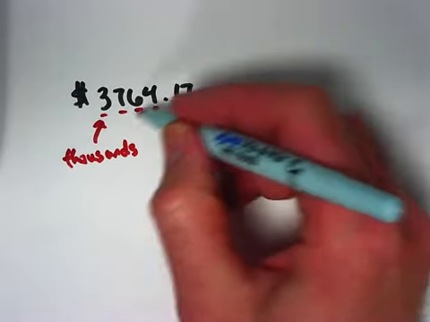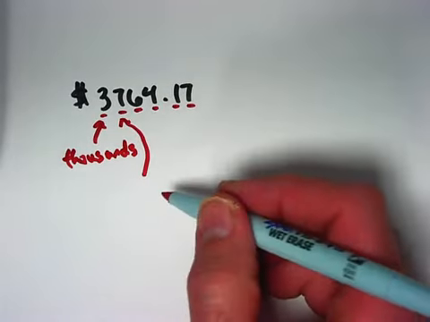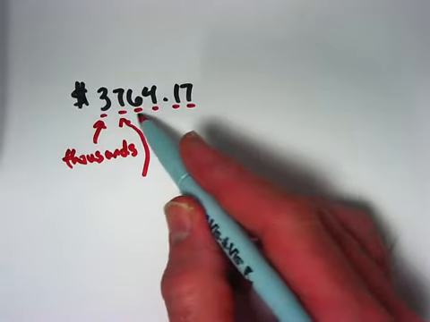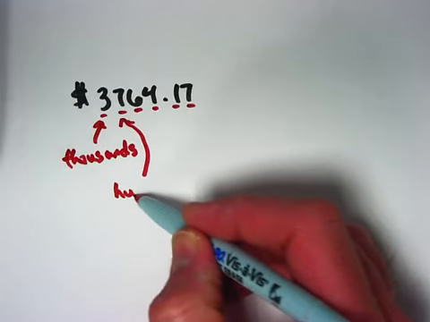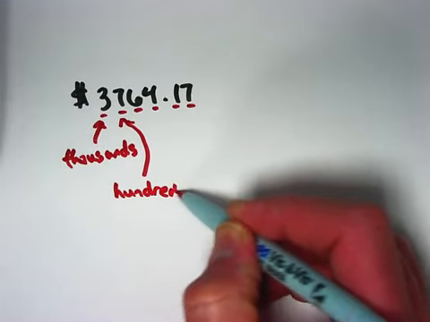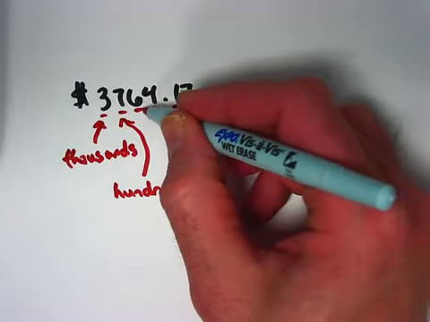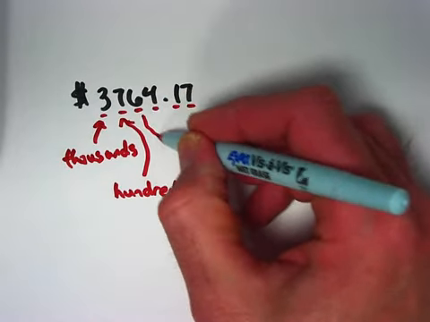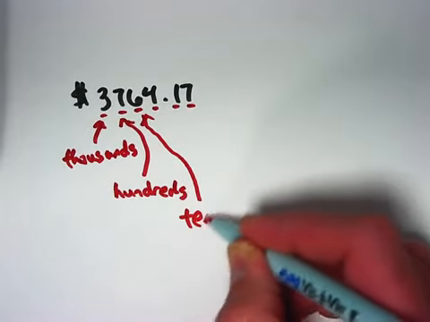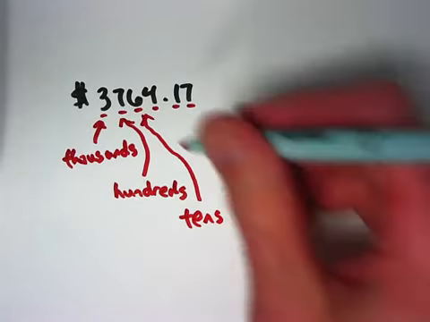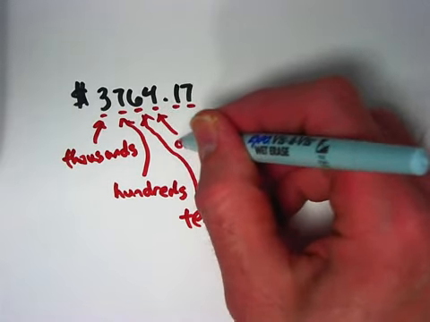The 7 right there, the second spot, is called the hundreds place. The next one, which is two places to the left of the decimal, is called the tens place. And the one just to the left of the decimal is called the ones place.